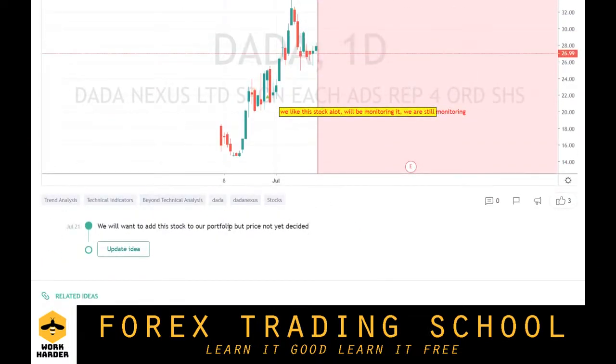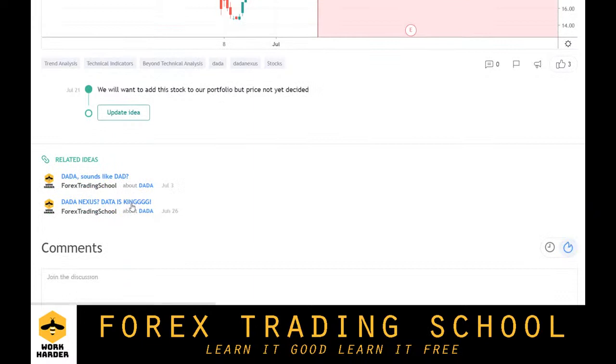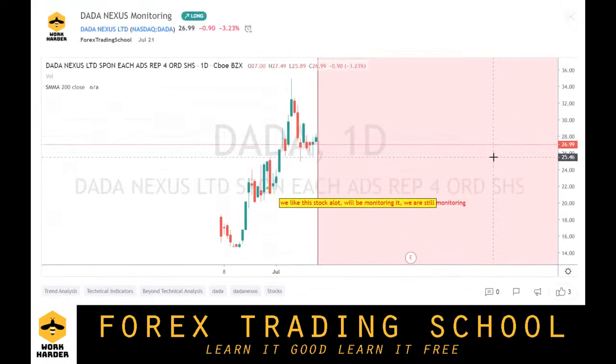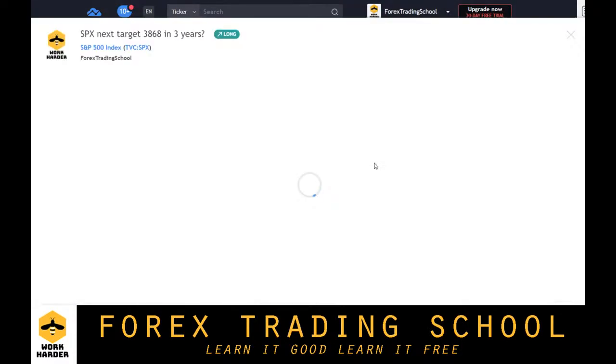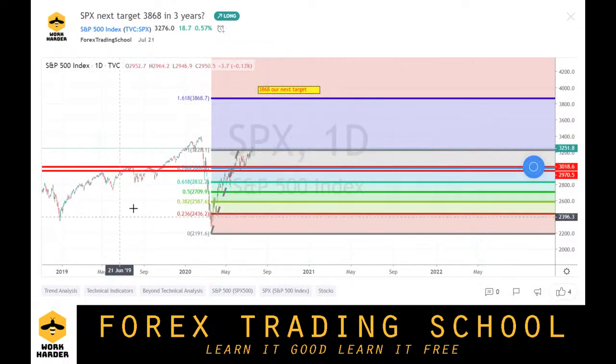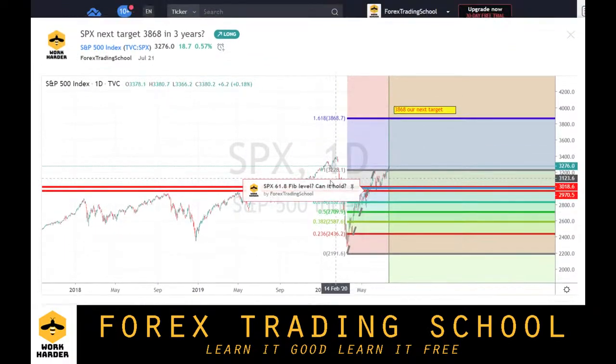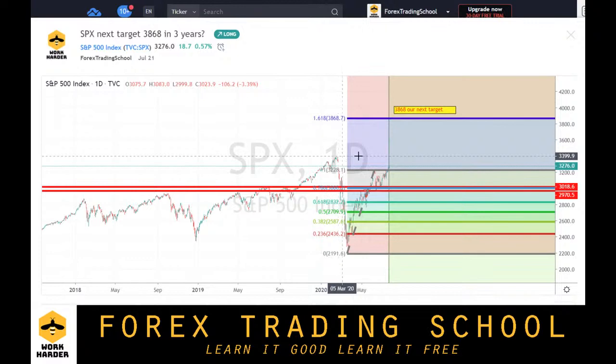July 21, I think the first time we talked about this stock was June 26, and we are still looking at this. This is SPX, so everyone likes this, and you see we are going to break here. Once we break here, then wait for the retracement and enter long.